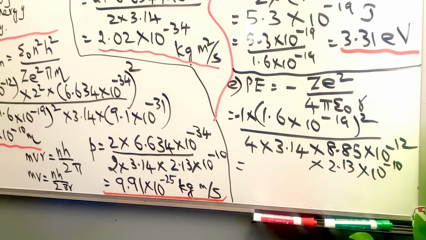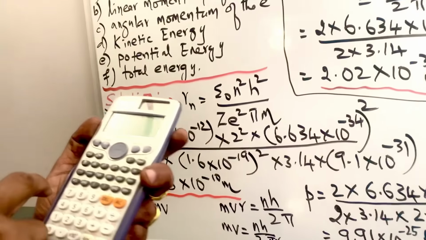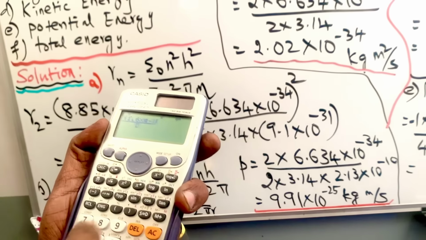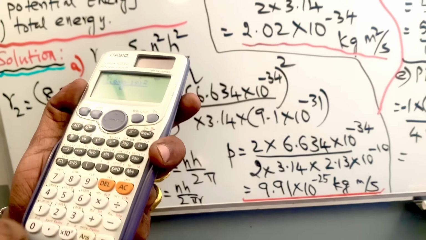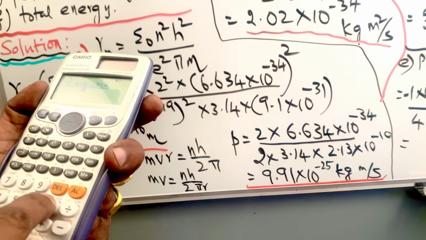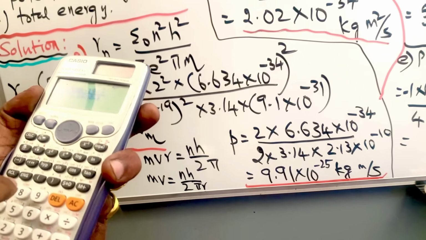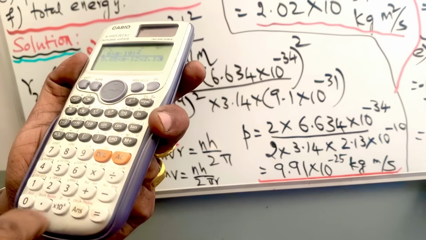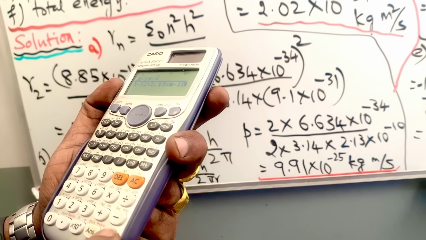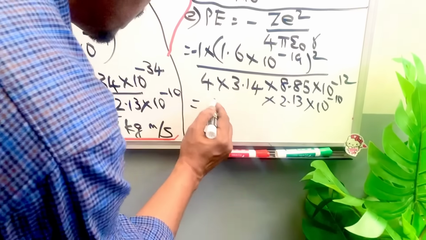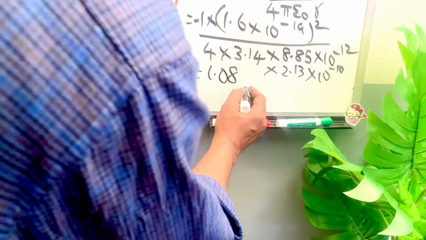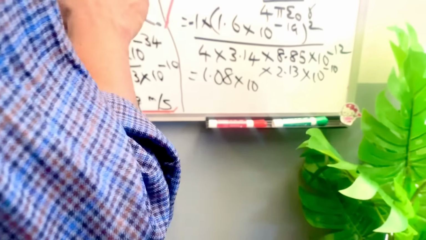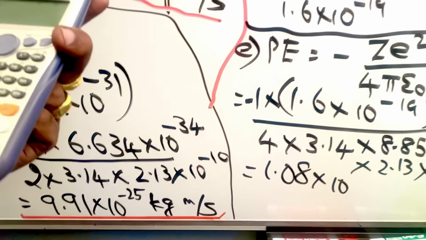So we can get the answer. 1.6 times 10 to the power negative 19 squared divided by 4 times 3.14 times 8.85 times 10 to the power negative 12 times 2.13 times 10 to the power negative 10 will be equal to 1.08 times 10 to the power... once again I have to check whether I gave the square or not.